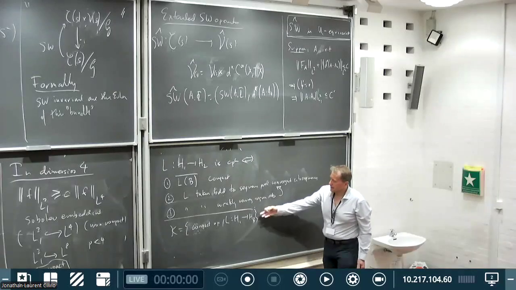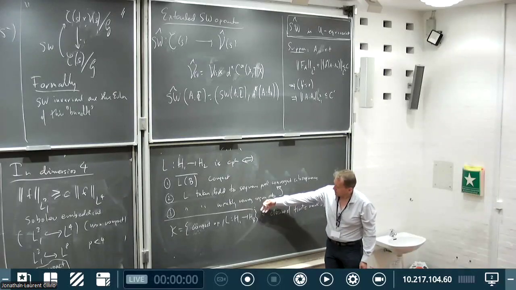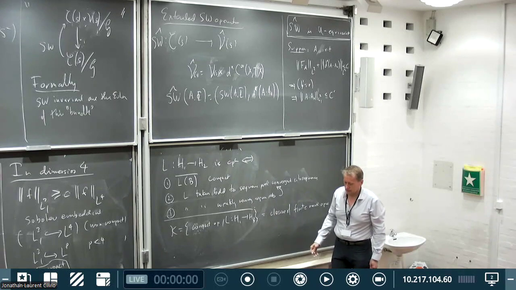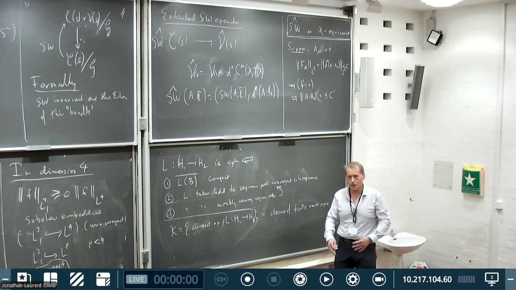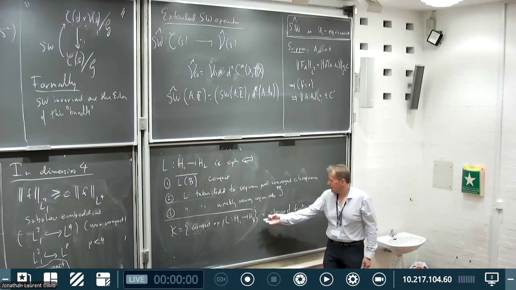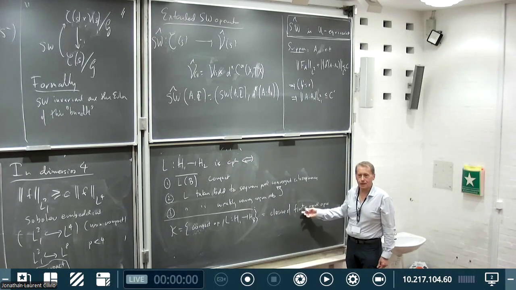So you should think of compact operators, loosely, as one of the simplest generalizations of finite-dimensional operators to an infinite dimensional space: the ones that are pretty much finite rank.